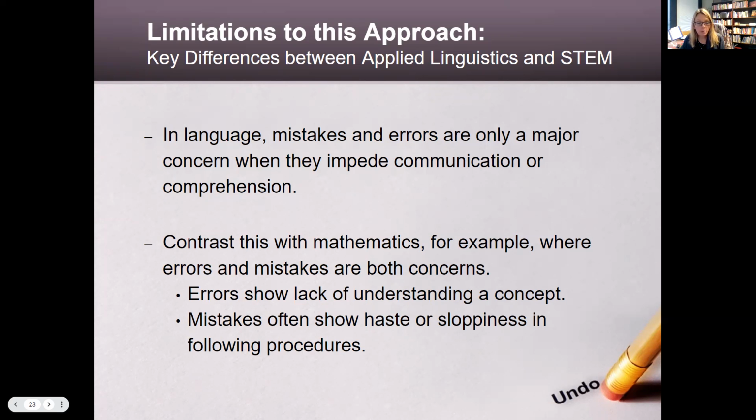If we contrast this with mathematics, for example, errors and mistakes are both concerns. Errors show lack of understanding a concept, and mistakes can show haste or sloppiness in following procedures. And in mathematics, as with many other STEM disciplines, we really can't just overlook errors and mistakes because those will affect students' ability to move forward in their learning.